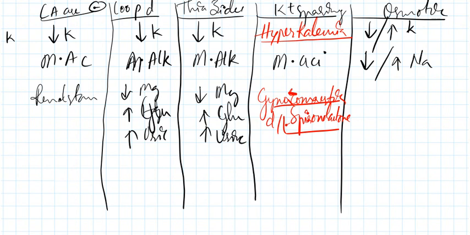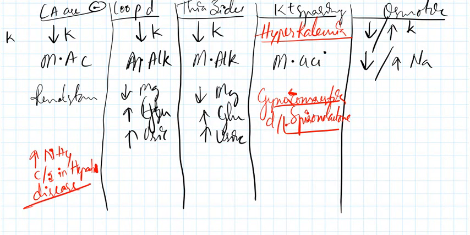Next, it causes hyperammonemia. So that's why it is contraindicated in hepatic or liver disease. Which one? Carbonic anhydrase inhibitors are contraindicated in liver disease because they induce hyperammonemia. Loop diuretics cause hypocalcemia, but thiazides cause hypercalcemia.